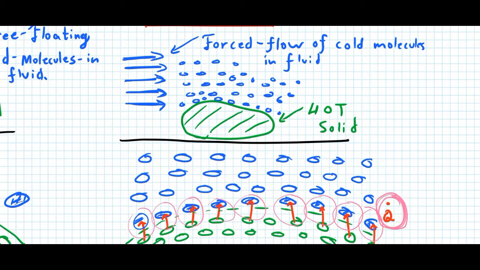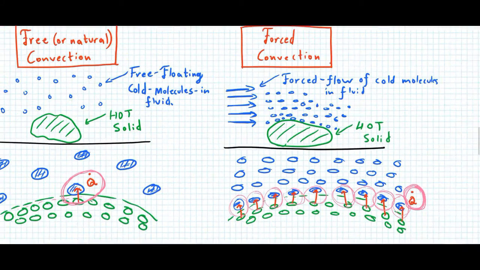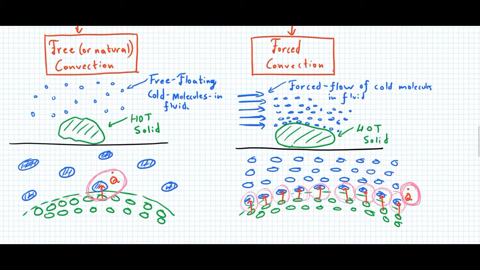As a result, the blue molecules are in contact with the hot green surface for a longer period of time, which would then increase the total heat that is transferred between the green phase, or the solid phase, and the fluid phase, the blue molecules. So that's sort of the difference between forced convection and free convection.